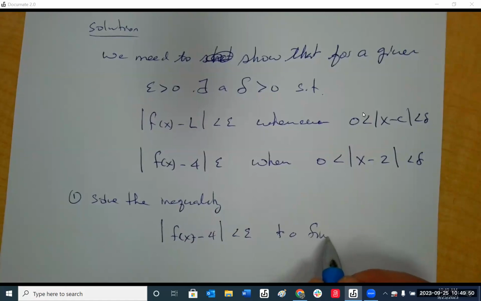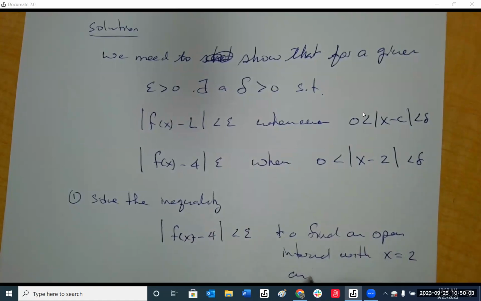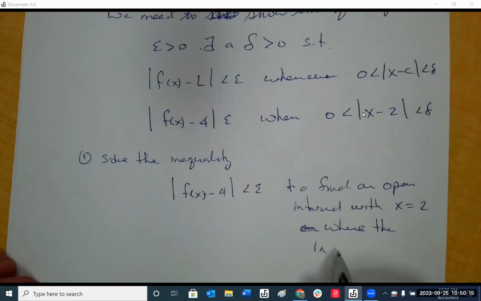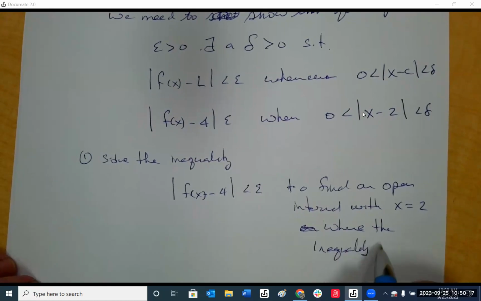We do this to find an open interval containing x equals 2 where the inequality holds for x not equal to 2.